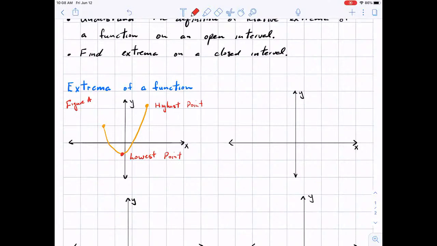The lowest point ever, it's absolutely the lowest point. This point here is what we call our absolute minimum.